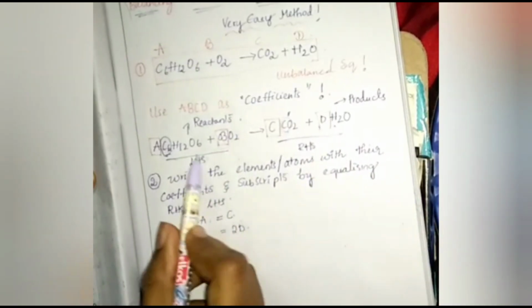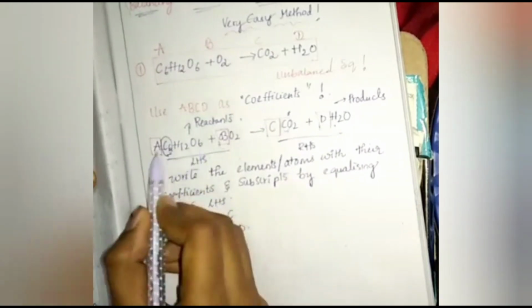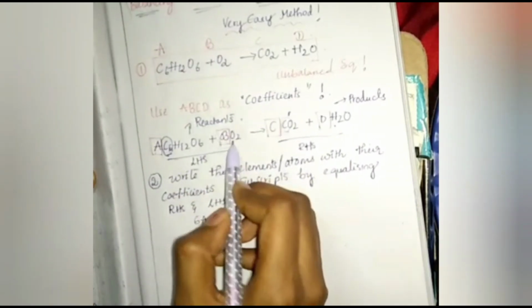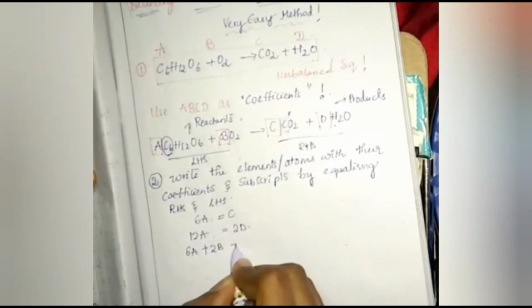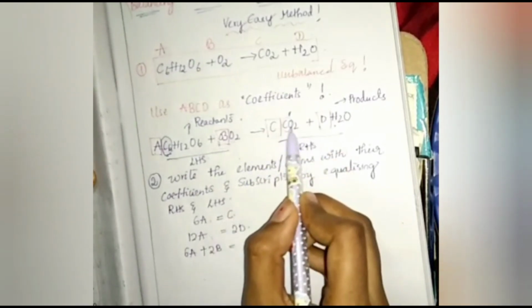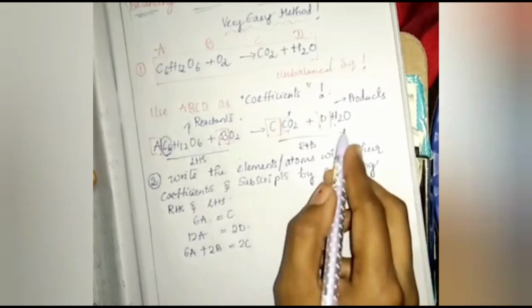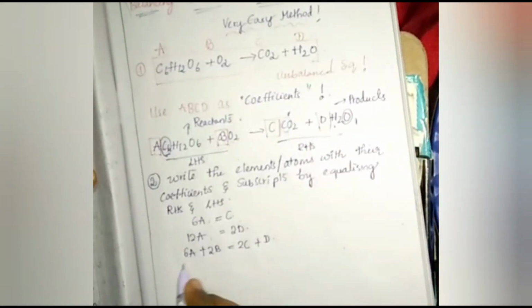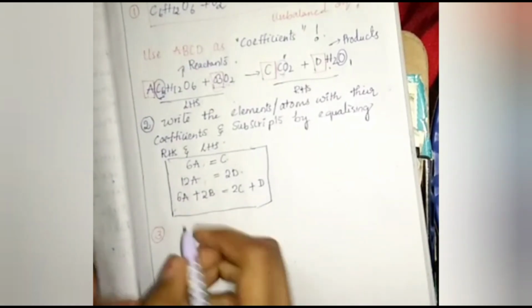Oxygens: 6 oxygens give 6A, and in the reactants another oxygen is there, 2 oxygens, 2B. So 6A plus 2B equals, on the right, 2 oxygens 2C plus 1 oxygen D. Like this we write the elements with their coefficients by equalizing RHS and LHS.